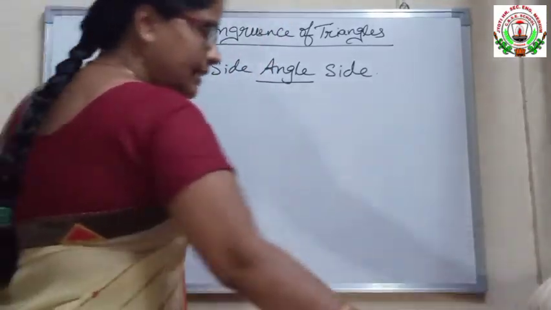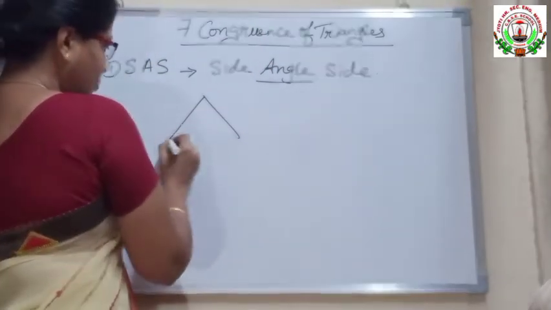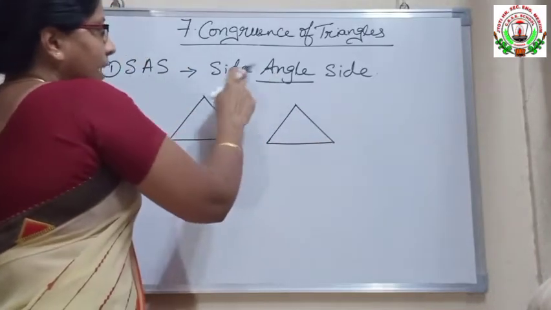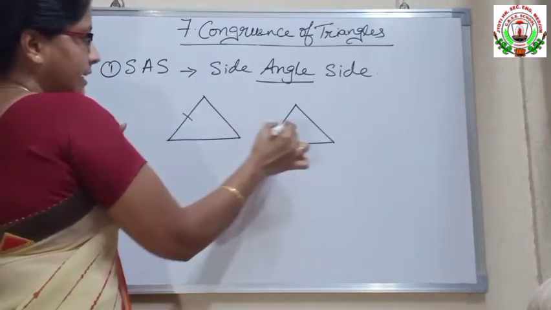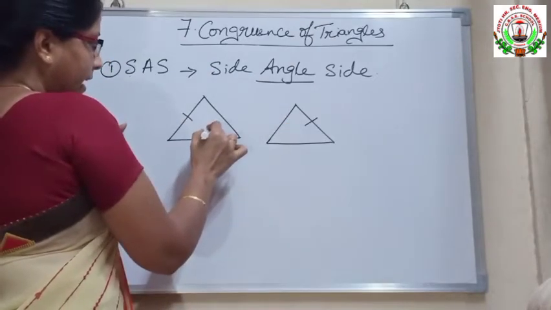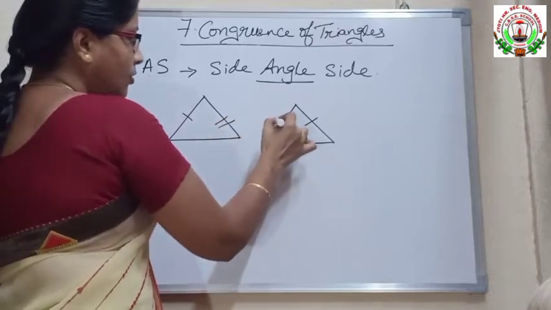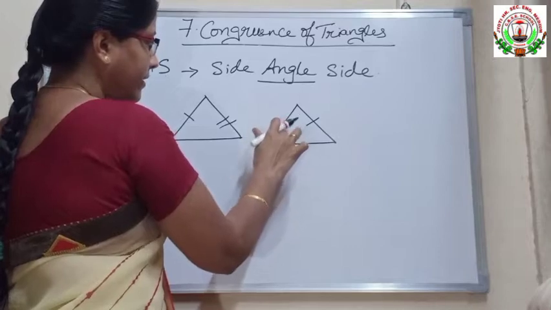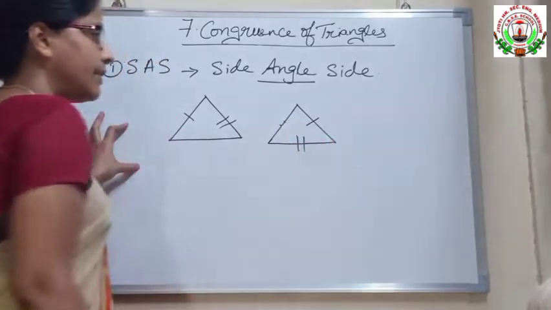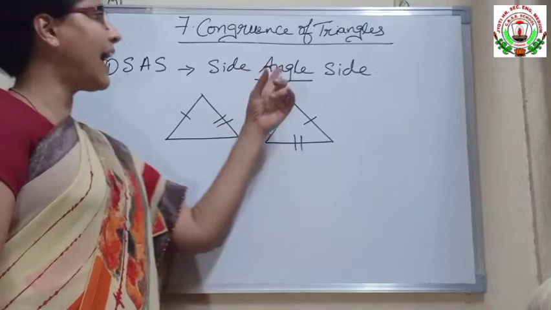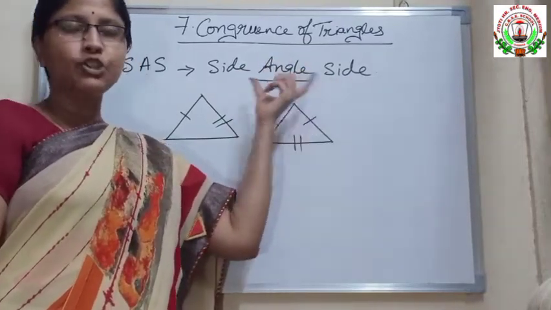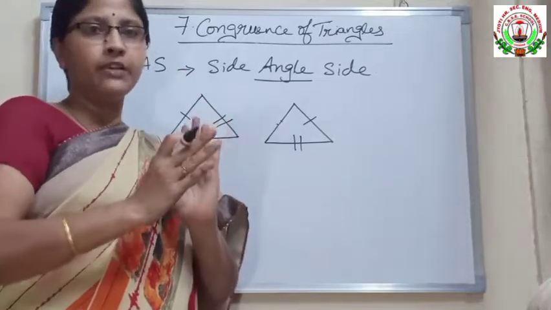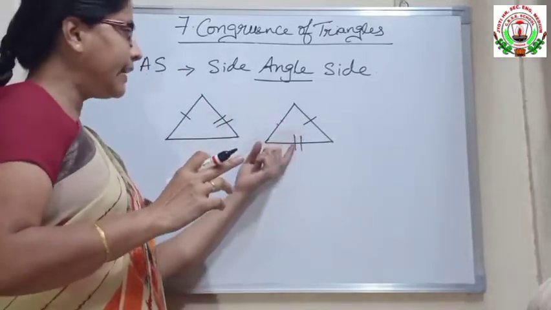The meaning of this is, I am taking two triangles. See, this side is equal to this side and this side is equal to this side. Now coming to the angle part. This angle should be included between the two sides of the triangle where they are equal.